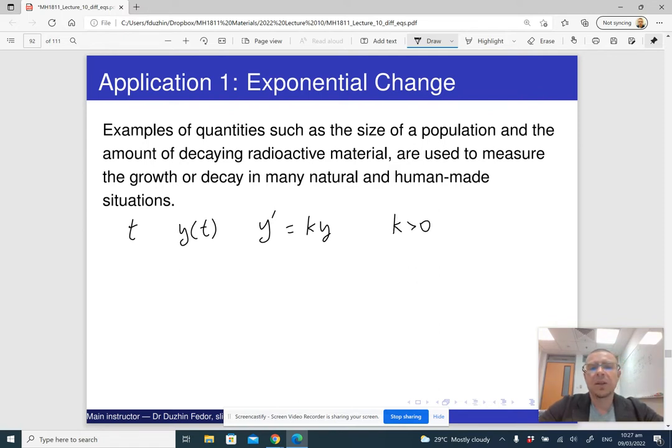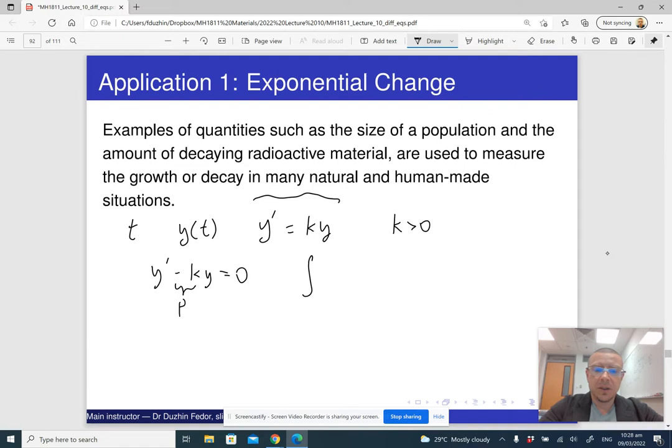Now, let me solve this equation, right? So this equation is linear, and I can move ky to the left-hand side: y prime minus ky equals 0. And in order to solve it, I need to find the integrating factor, right? So the first thing to do is to look at the p of t. So it is just minus k.